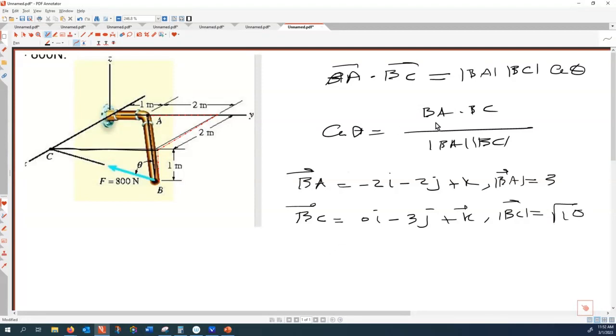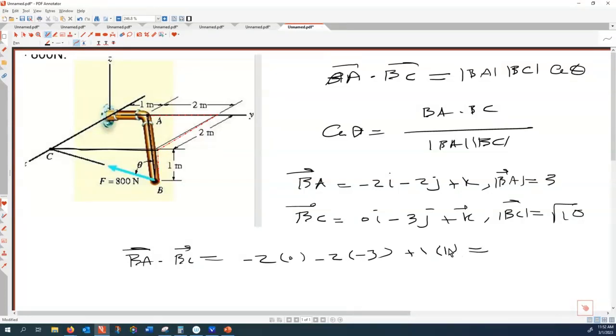And now we just substitute these numbers. But before that, how do I find BA dot BC? You can tell me. These are just term by term, right? So that is minus 2 times 0, minus 2 times minus 3, and plus 1 times plus 1.